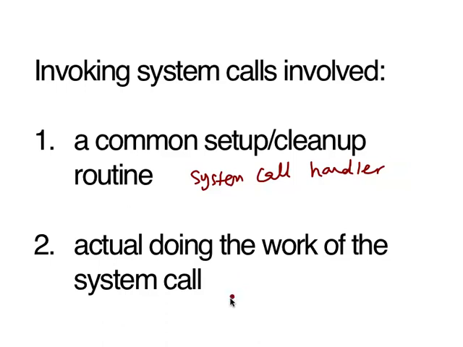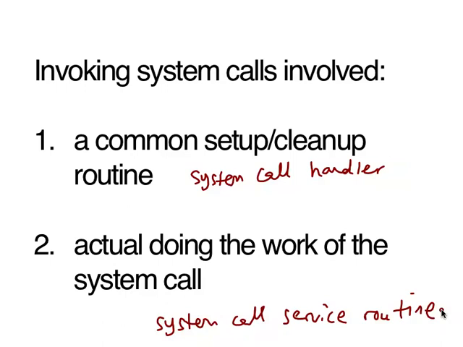Then there's another part of the code that actually does the work of the system call. When you call the read system call, it actually reads. When you create a process, you actually go and create a process. This is doing the actual work, so it is called the system call service routine, which provides the actual service of the system call.